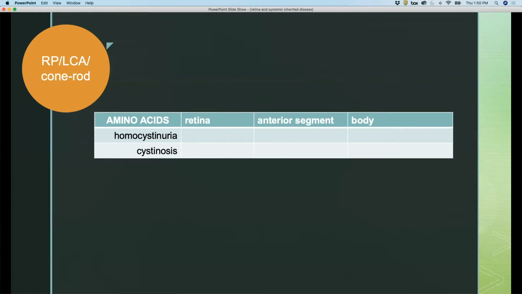What happens in the anterior segment in cystinosis? Corneal crystals. So cornea and retina. Great. And what about the rest of the body? That would be the type 2 renal tubular acidosis. Yes, you got it. Maybe dwarfism, but no neurodegeneration.